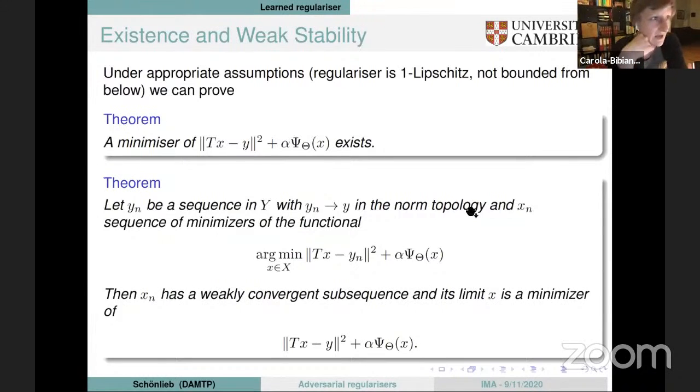Now, how much does it depend, how good the regularizer is, is a general thing: it will always have an effect on the solution. Better regularizers will always give you better solutions than not so good ones.